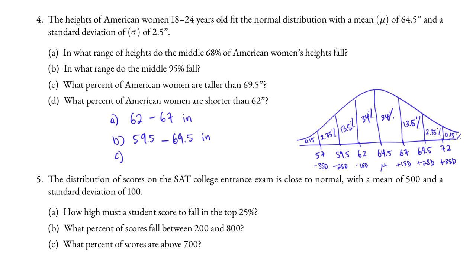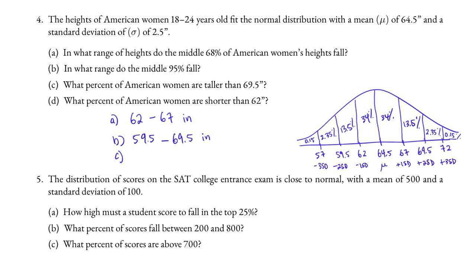C. What percentage of American women are taller than 69.5? We're looking for the percentages now. More than 69.5 is on the right hand side of 69.5, and it's not just 2.35%, but also 0.15%.